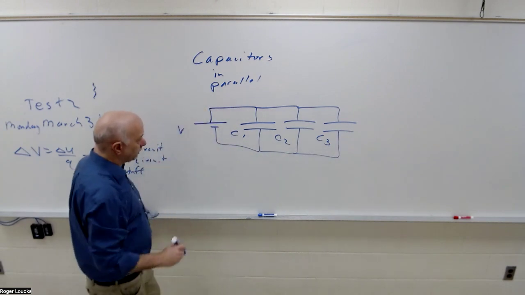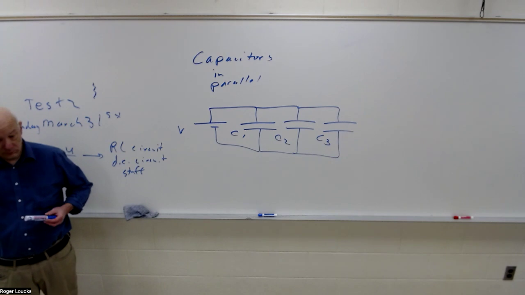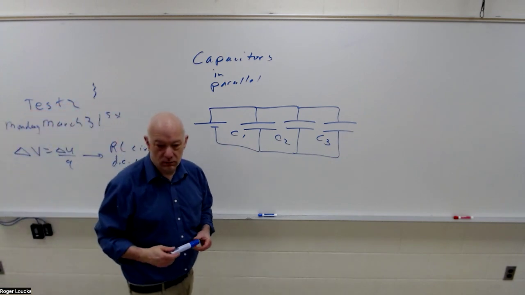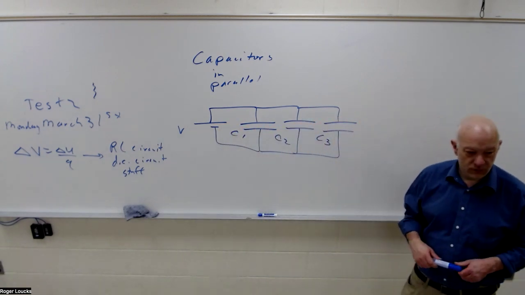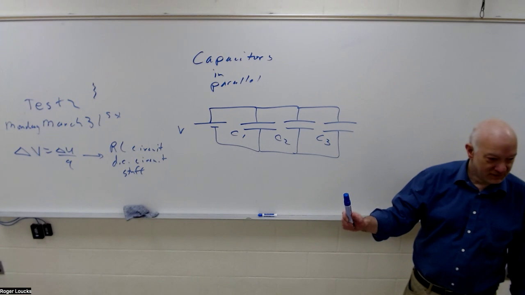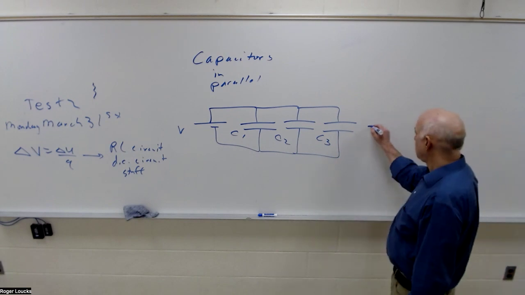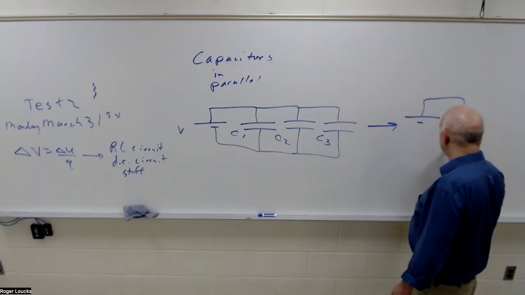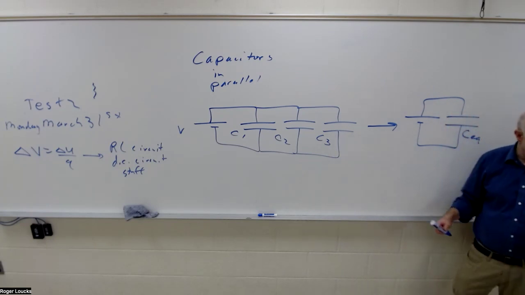What did we say we wanted to do with that mess? We want to replace this mess with one that's equivalent to these here. So we want to take this and replace it with this. So this is going to be equivalent to all these here.